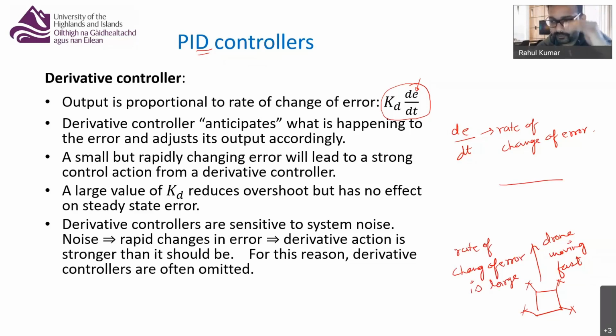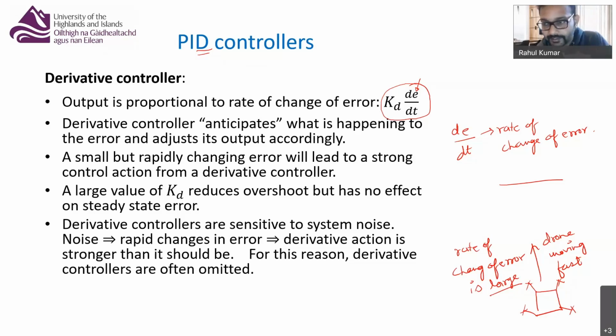Because the drone is moving towards the finish point very quickly, so the rate at which the error is reducing is also very large, right? So this derivative controller will accordingly produce an output to control the rate at which the error is reducing, right?